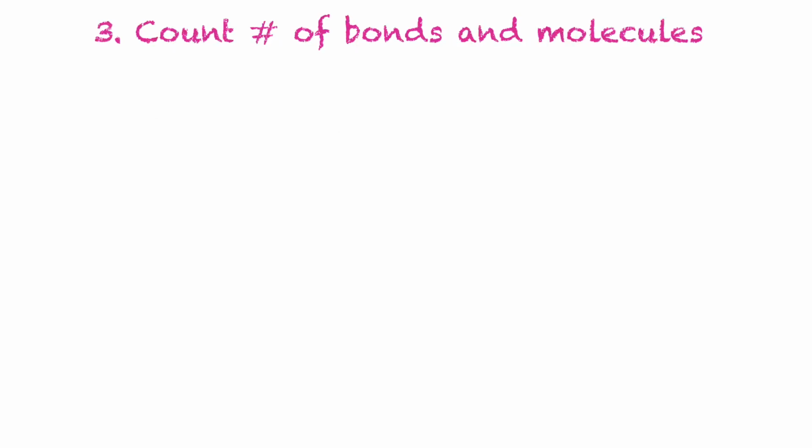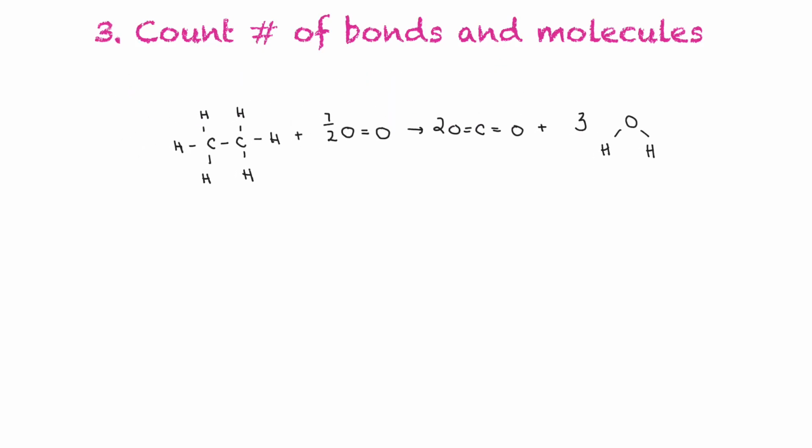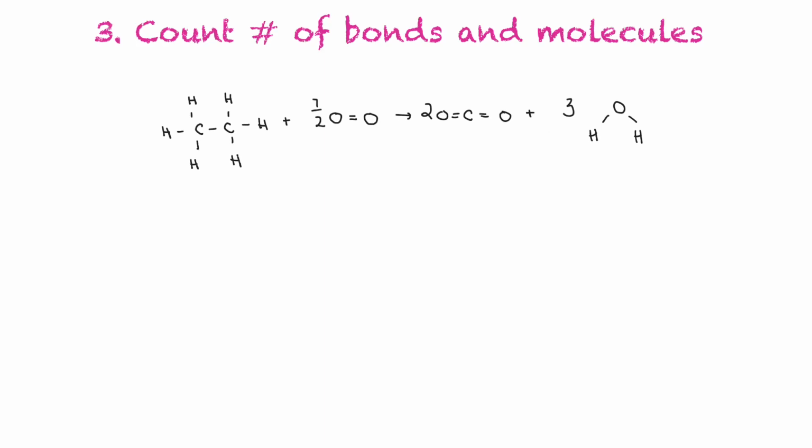So our next step is to count the number of bonds and molecules that are there. So I'm just going to put our drawn out molecules here so we can count them. We have the following. We have 1, 2, 3, 4, 5, 6 carbon-hydrogen bonds. And we have 1 carbon-carbon bond there.